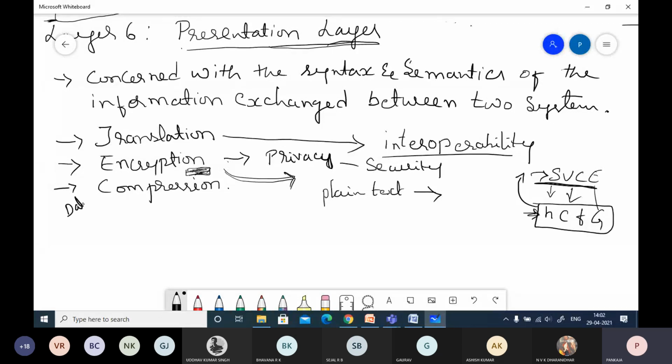The size of the data will be reduced. Very good. Reduction in size. Here I am talking about the network. It reduces the size, and indirectly it reduces the number of bits. So the size of the data is reduced when you compress it.